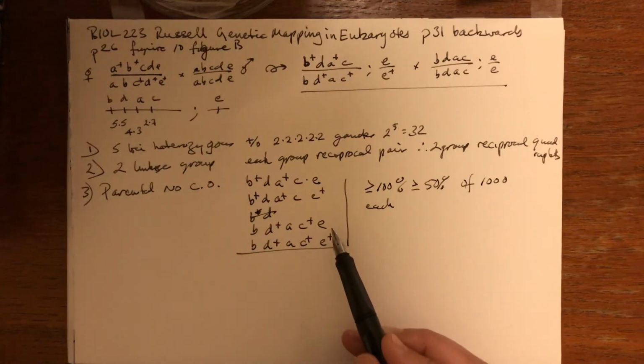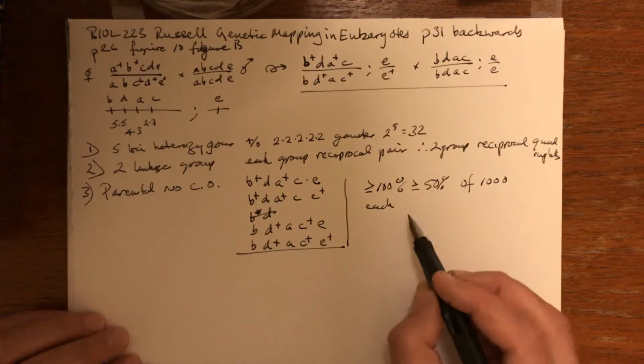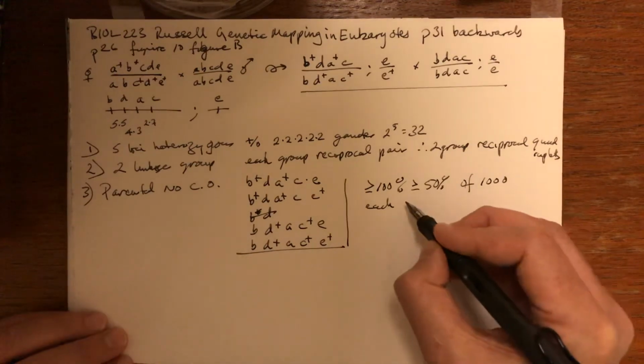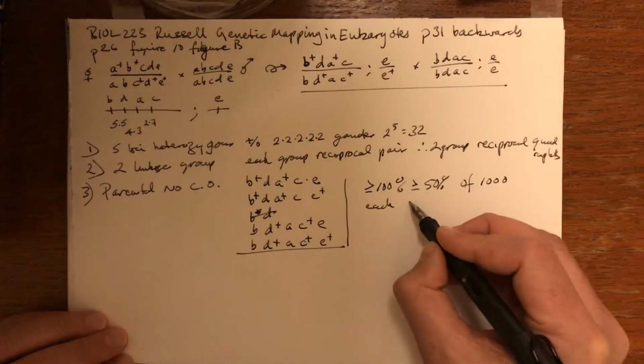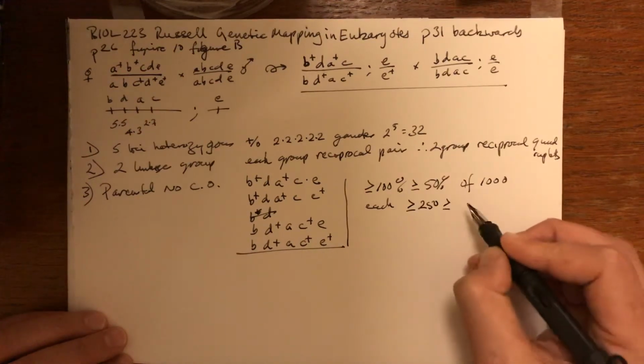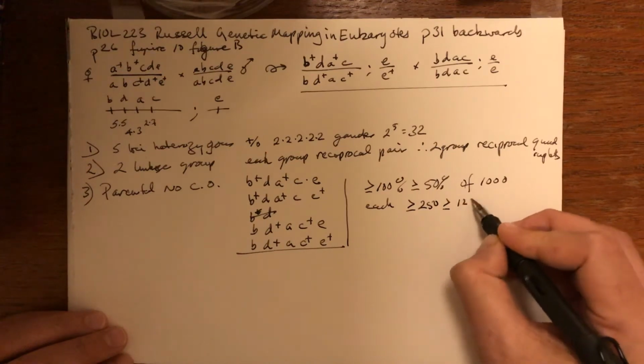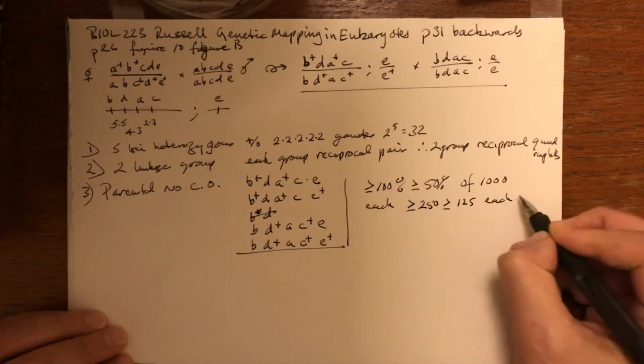Sometimes you'll see the problem as just a table of these phenotypes with numbers, and everything else is implicit. So we expect then that there will be less than or equal to 250, and greater than 125 each, on average.